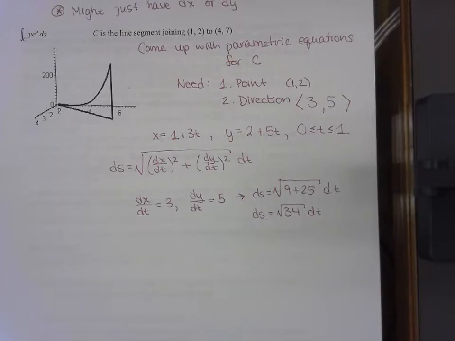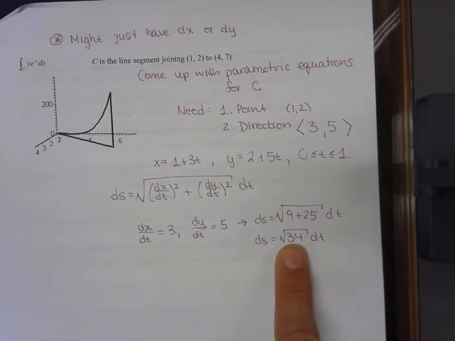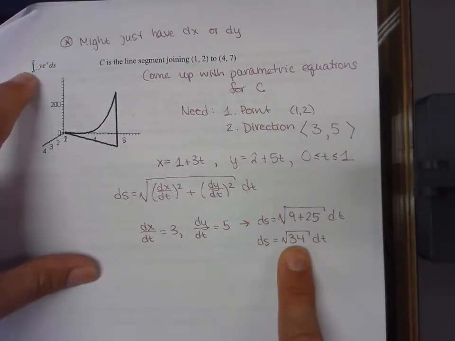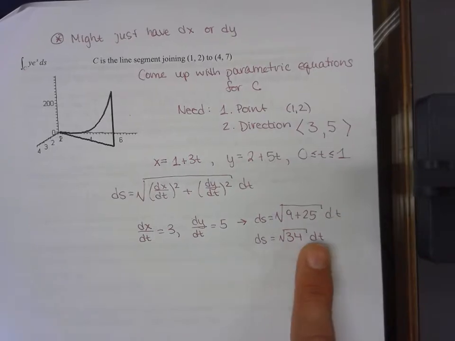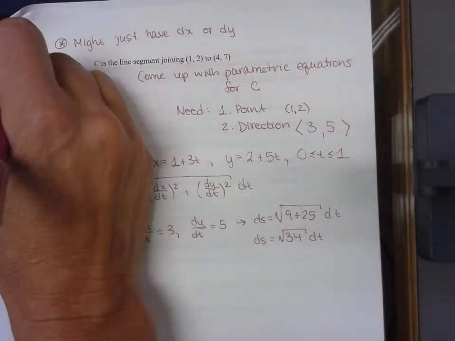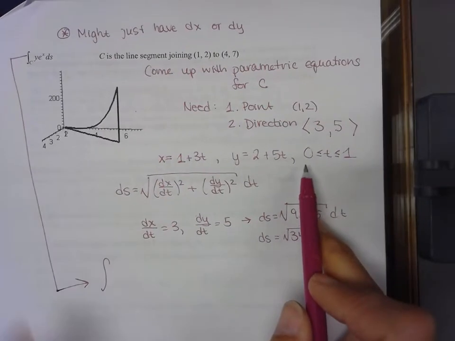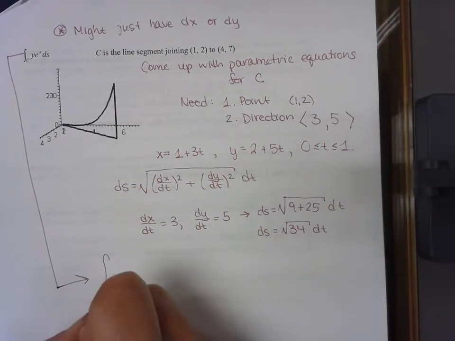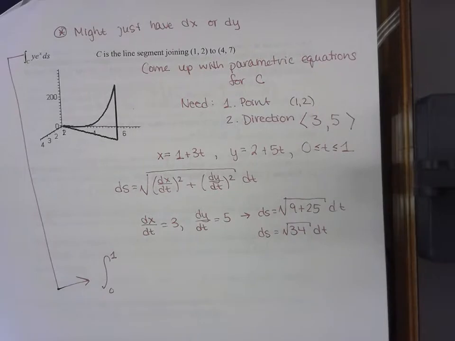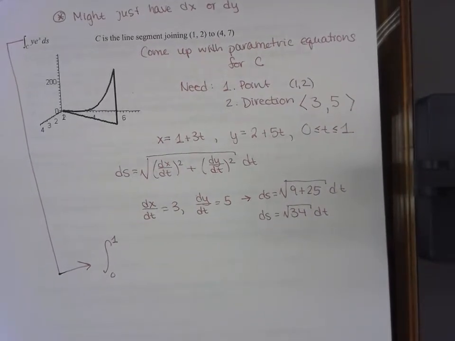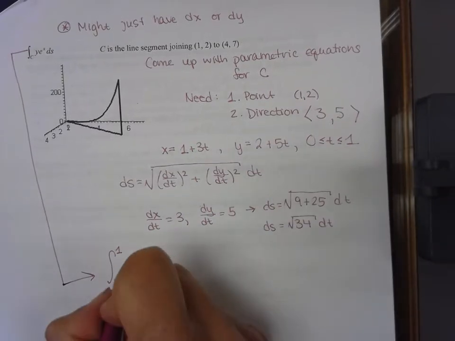So now that I know what I'm replacing ds with, I need to get, again, one integral, one variable. Everything has to be in terms of t. And we know our limits for t are 0 and 1. What am I going to put in place of y? Yep, 2 plus 5t.